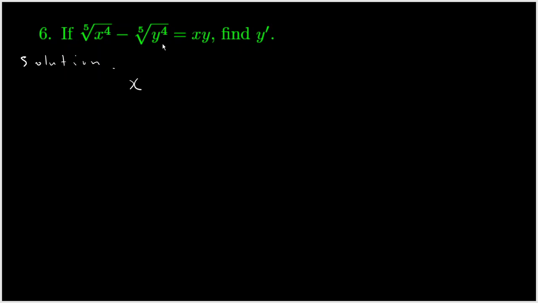But the first term can be written as x to the power of 4 over 5. You know that, right? And the second term is y to the power of 4 over 5, equals x times y. And then we are ready to differentiate the equation with respect to x.